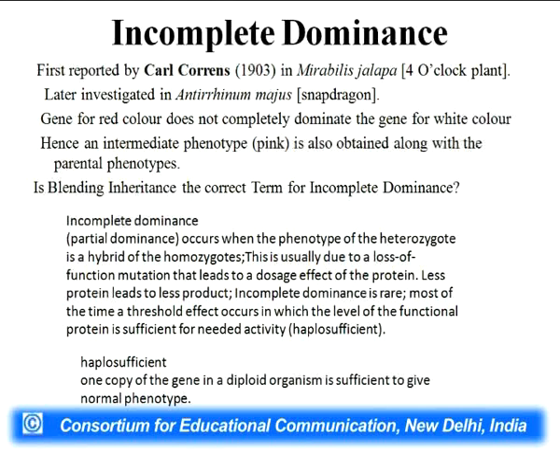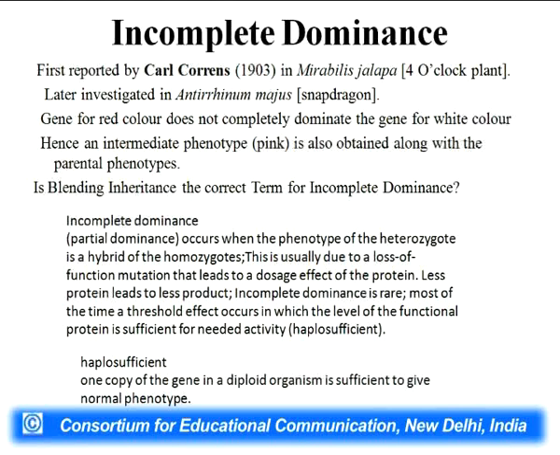But then it was Carl Correns himself, one of the important rediscoverers of Mendelism, who worked on Mirabilis jalapa, which is the 4 o'clock plant, and later this work was also extended to Antirrhinum, which is snapdragon.